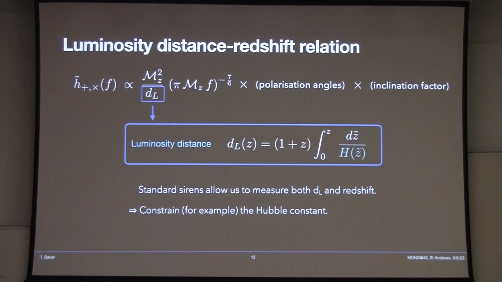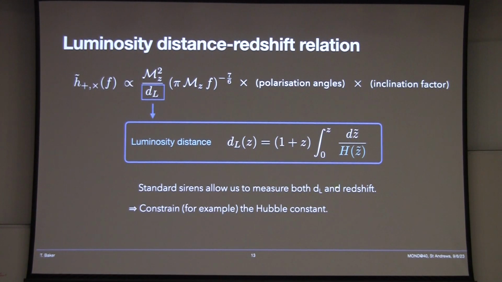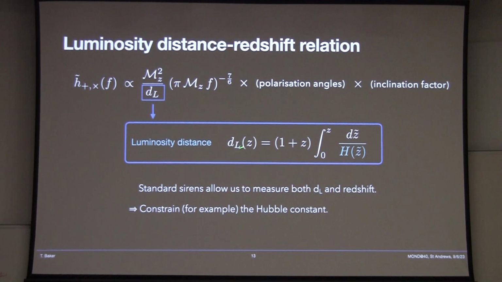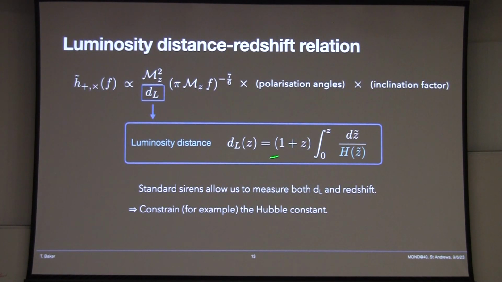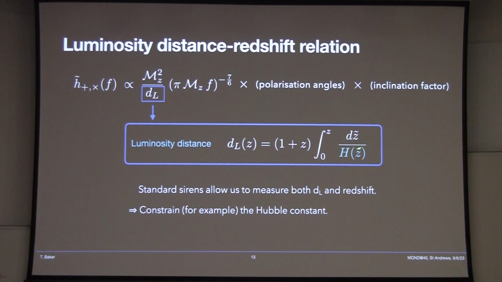That comes about if we have a system like a standard siren that allows us to measure both the luminosity distance on the left and we have a way of getting the redshift. Because if we can pin down both of those variables, we can basically access or constrain parameters that sit in here, like the Hubble constant.